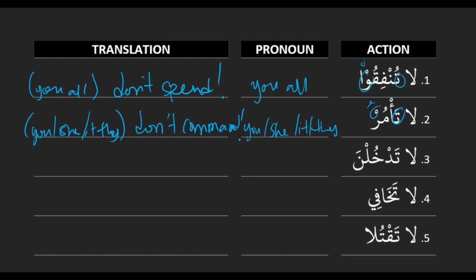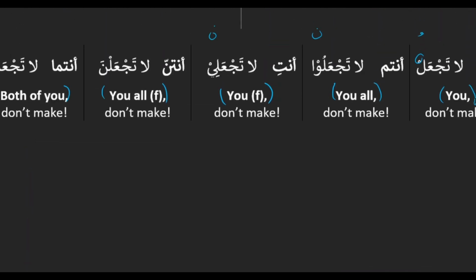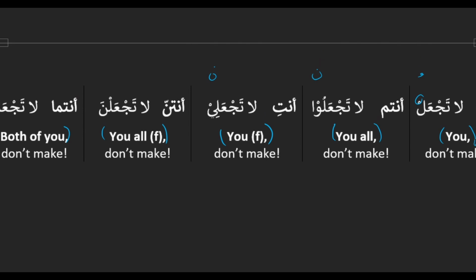Actually, if you notice, when we looked at our forbidding chart before, there are only 5 here. Anta, antum, anti, antunna, antuma. That's because our pronoun chart is much longer than that. We have 14 normally. Here we only have 5.